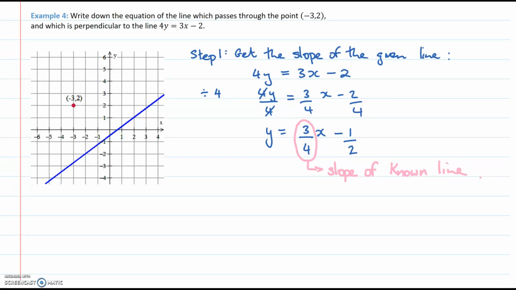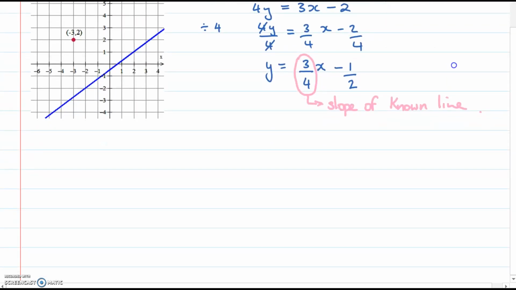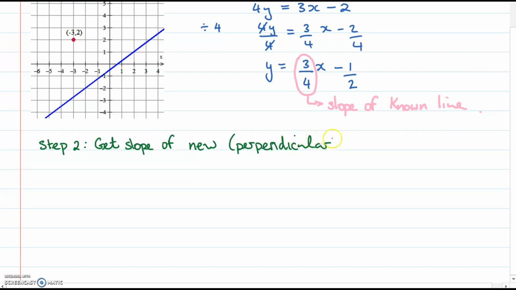Now, if two lines are parallel, they have exactly the same slope. But when two lines are perpendicular, the relationship between them is a little bit different. So, get the slope of the perpendicular line, the new line. Last time, in the last example, we were talking about a parallel line. We're now talking about a perpendicular line.